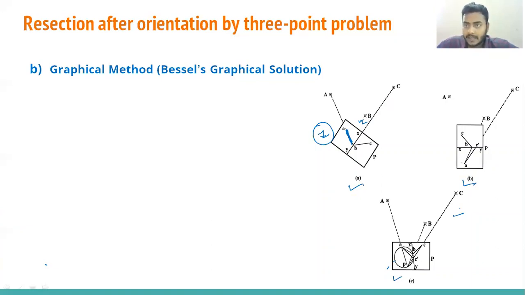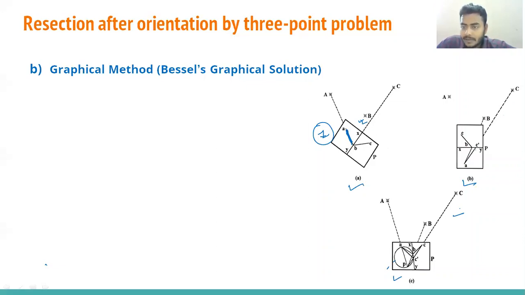Now rotate the table and keep the alidade along the AB line and sight B. Then clamp the table. Once it is clamped, keep the pivot at A and sight C, and then mark.